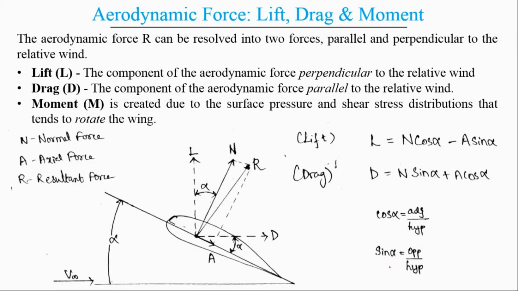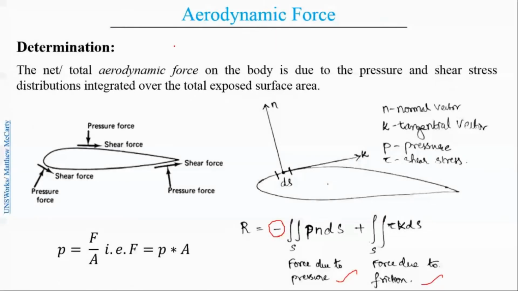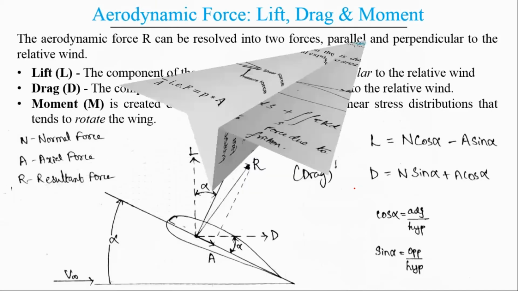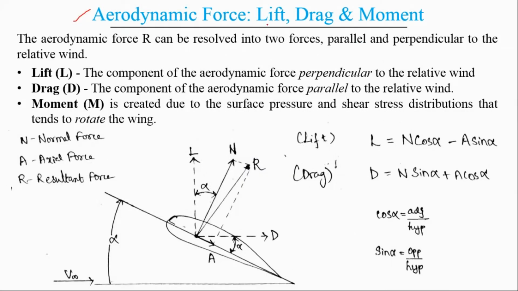Now, getting into the core essence of this session: the aerodynamic forces, lift, drag and moment. In the previous case we solved it based on the normal and tangential force, but for this session we require all these terms in lift, drag and moment. So what are lift, drag and moment? Based on the normal and tangential force, a resultant force R is generally generated, which is the resultant of the normal and the shear or tangential force.